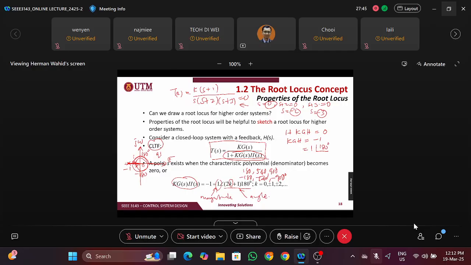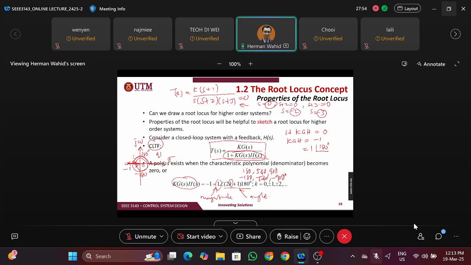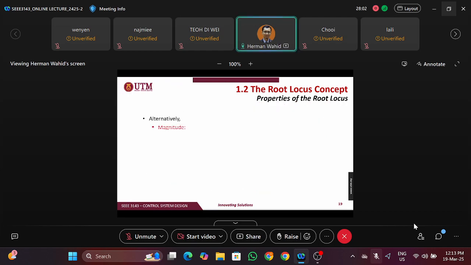The magnitude is normally taken as the modulus value, so it is written as the modulus of KGH, which is equal to 1, and the angle of KGH is equal to 2k plus 1 times 180 degrees.